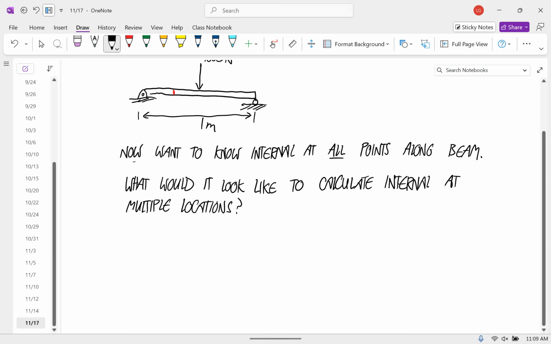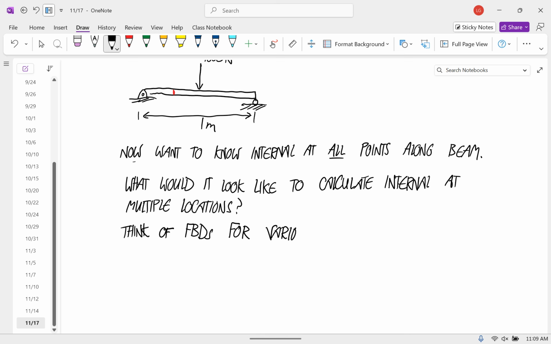Let's start thinking of free body diagrams for different points. So let's think of the free body diagrams for various cuts.